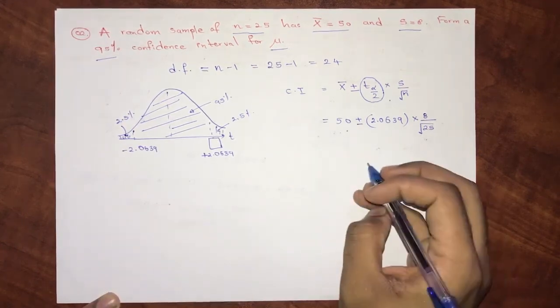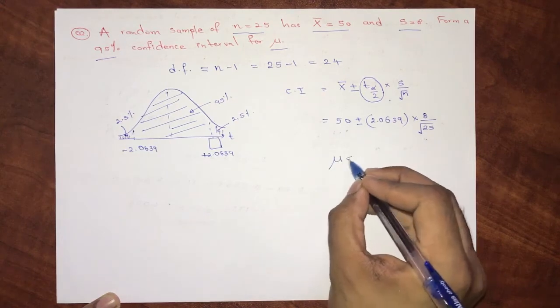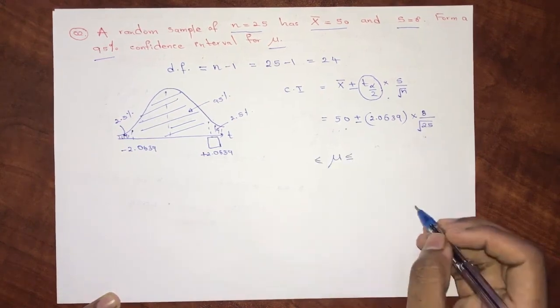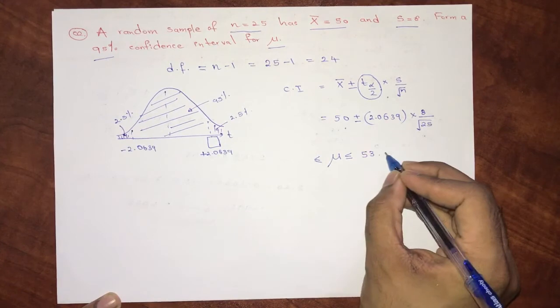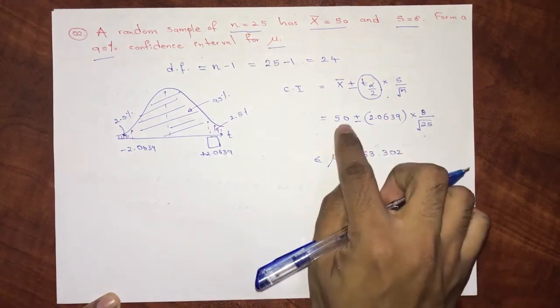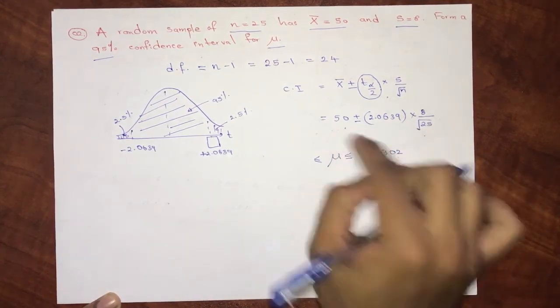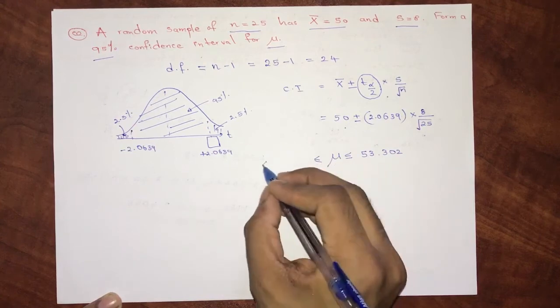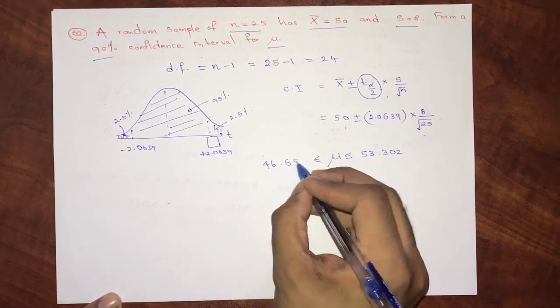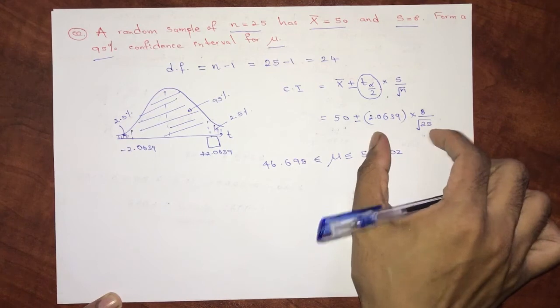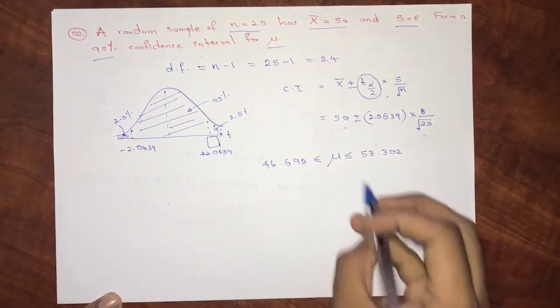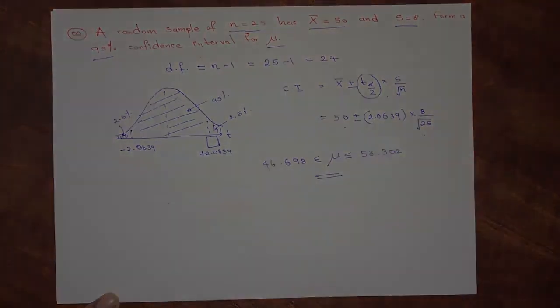Because we need two values, we are looking at the confidence interval, so we need two values on either side. So therefore your population mean in this case would lie in between 53.302 when you add this value over here to 50, and 46.698 when you deduct this value from 50, and that will be your answer.